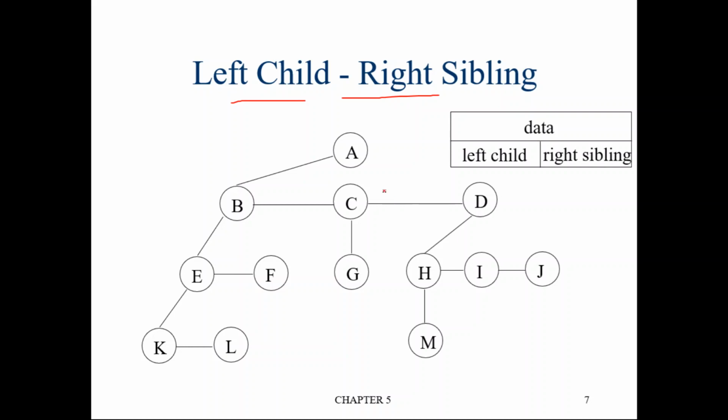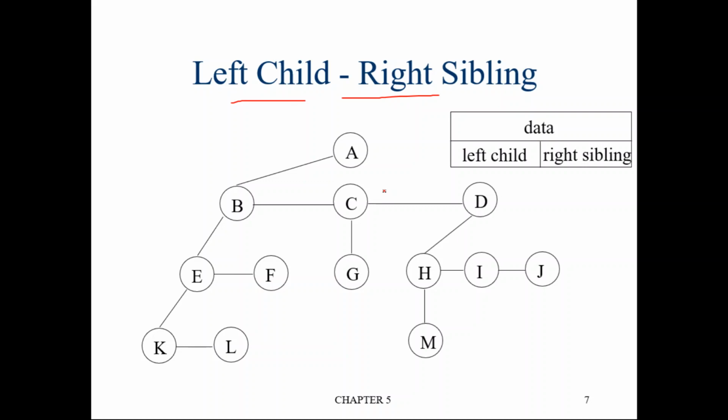Now we'll go to the next level. What is the next level? This tree can be slightly modified. What modification? Every right sibling should be rotated clockwise by 45 degrees.